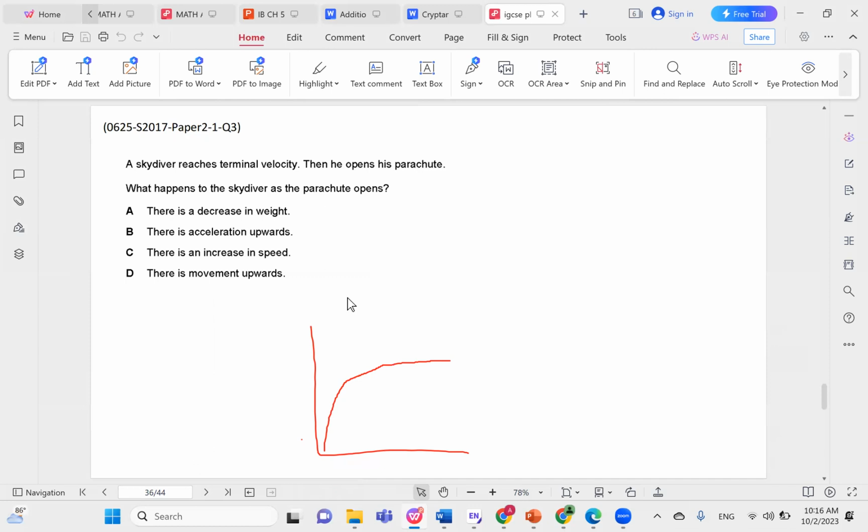At this point of terminal velocity, what are the forces acting? So you have some sort of weight, let's say 100 newtons. Actually, this is not very accurate, but anyway, probably something more like 600 newtons. And then the air resistance acting on him has to equal also 600 newtons as well.